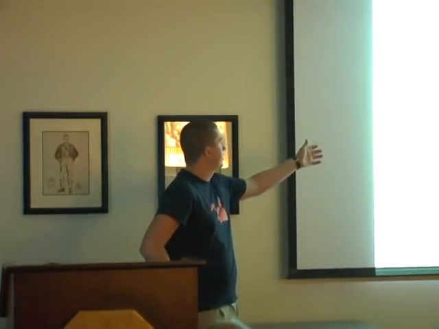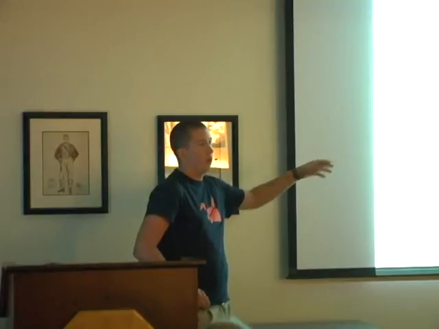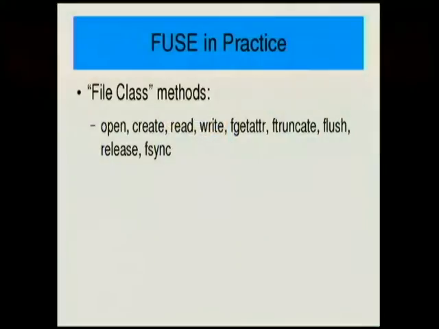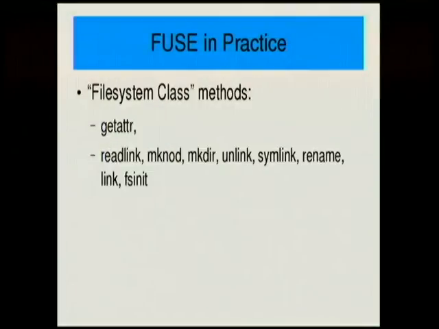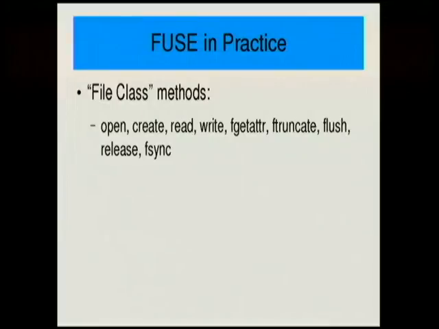These functions operate on individual files, whereas on the previous slide they operated on your file system as a general entity. The file class lets you open a file, create a new file, read a file, write a file, truncate, flush, release, and fsync. All right, now the contrived example.